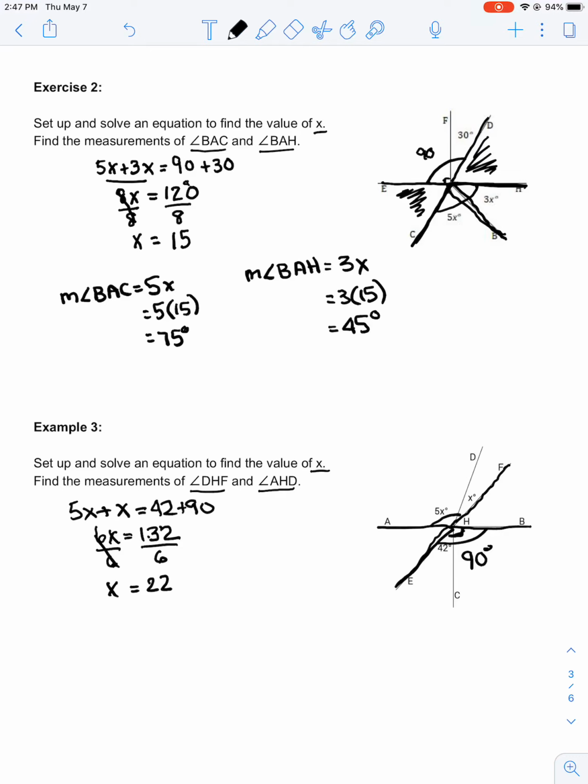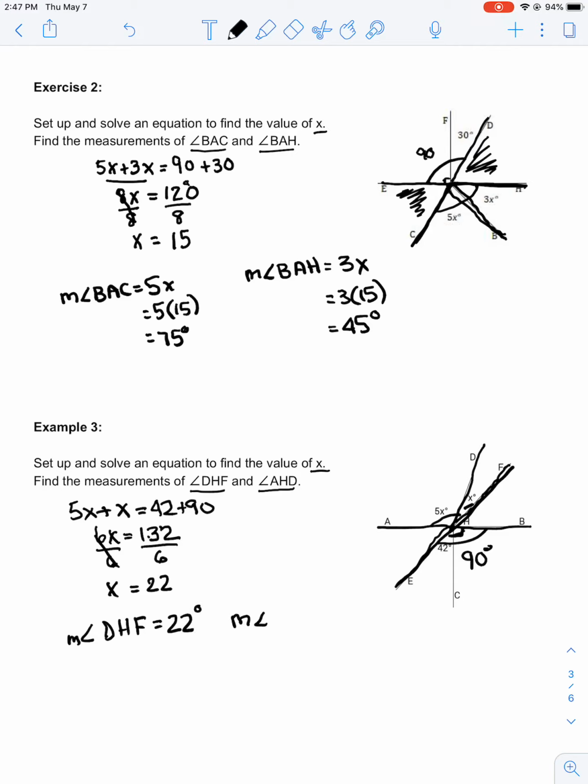So the angle, I'm going to put it under here, the angle measurement, M means the measurement of DHF. So DHF, which is that x degrees, is 22 degrees.